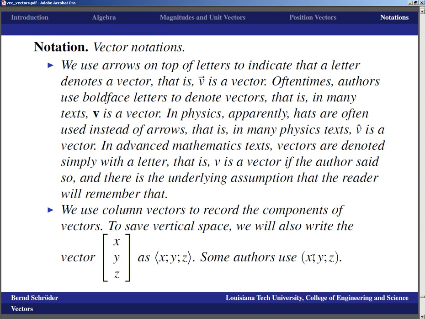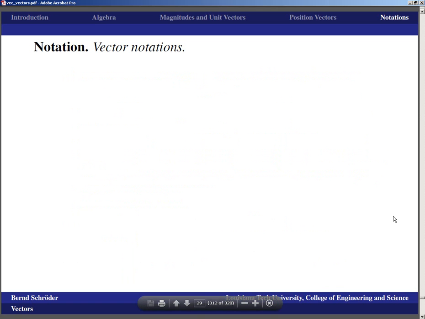If I have to look at whether there's a semicolon or a comma, I'd rather write things out in column notation. Every so often we simply have to go here because vertical space is limited on these slides, and I can't just put a column vector in and then not be able to present everything I want on one slide, because sometimes we just want to see everything in one place. So those are the notations that we will use.